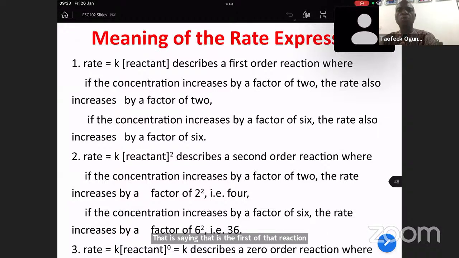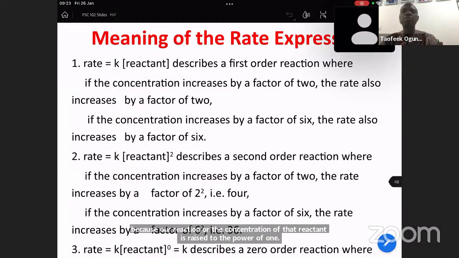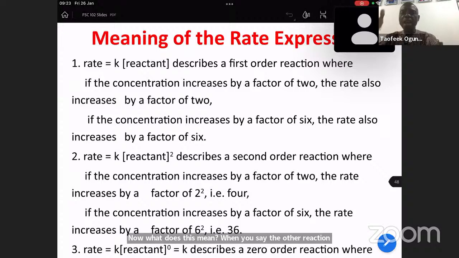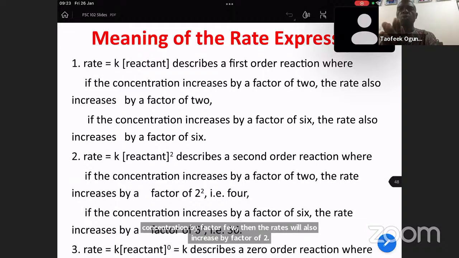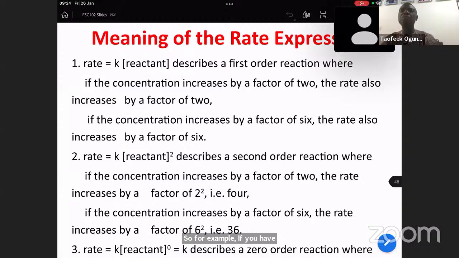Now, what does this mean when you say the order of reaction is 1? What it means is that when you increase the concentration by a factor of 2, then the rate will also increase by a factor of 2. Say, for example, if you have a concentration of 1 molar and your rate was 2 mole per dm cube per second, now you increase the concentration to 2 from 1.